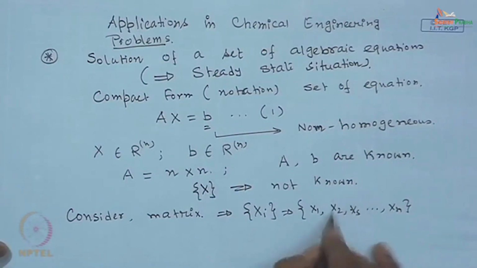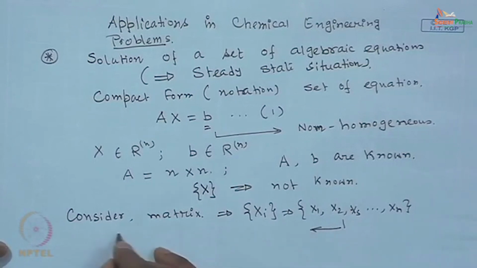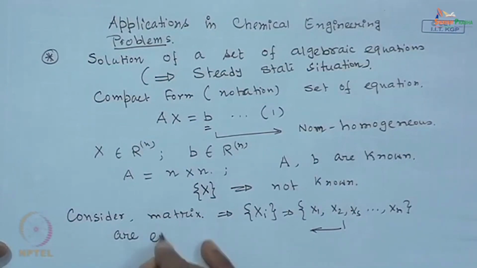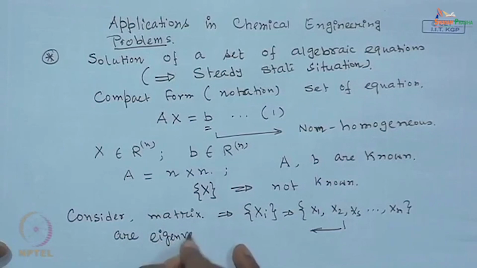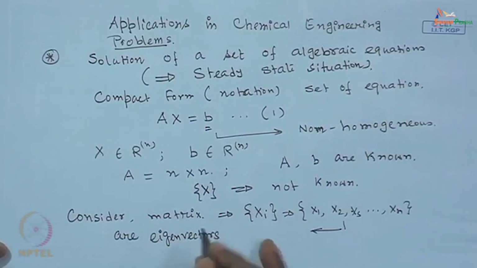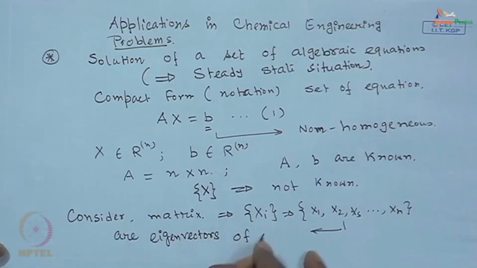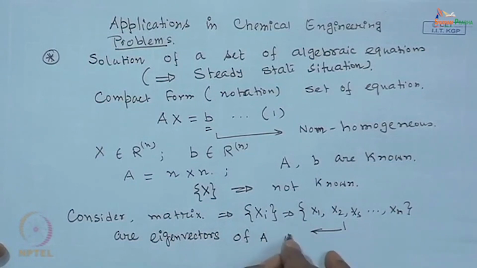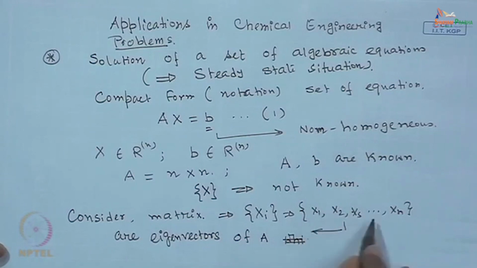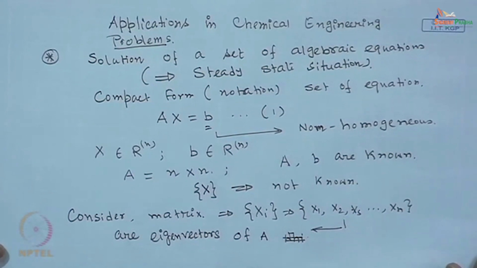They are eigenvectors of A, so the set of vectors x 1 to x n are the eigenvectors of A. And of course, we have already proved that eigenvectors of a matrix are independent of each other, and they form a basis set.